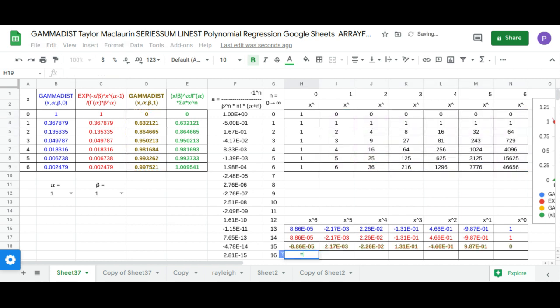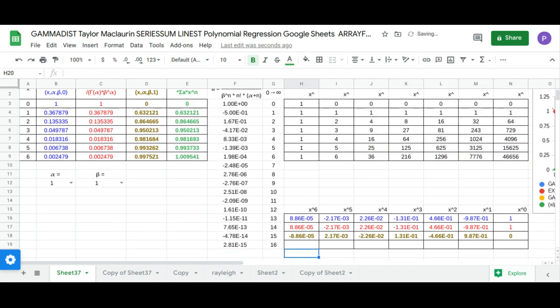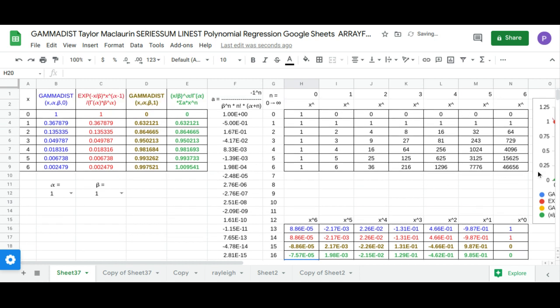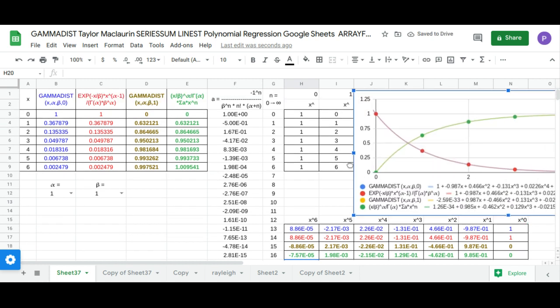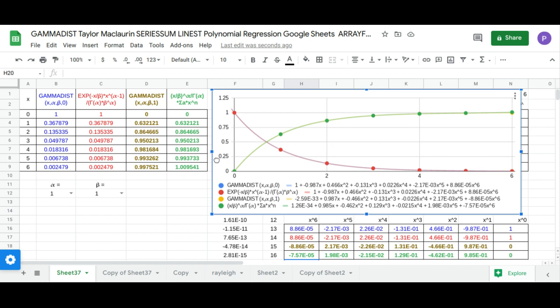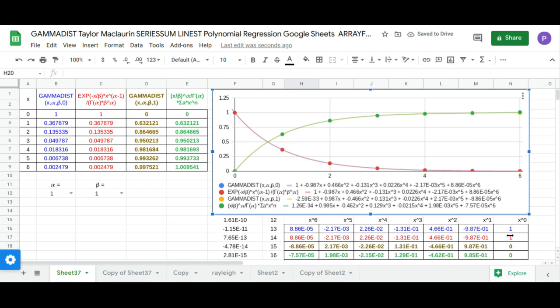And finally, this is also Linest data y and data x. And we'll compare the polynomial regression coefficients with our polynomial in the chart. So here we have 1, 0, 0. So that's the coefficient of x to the 0.